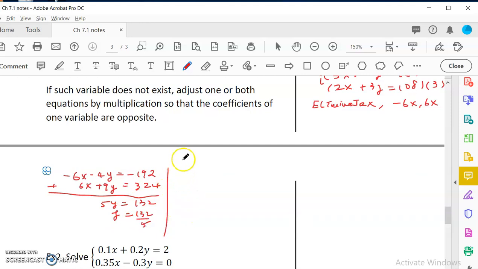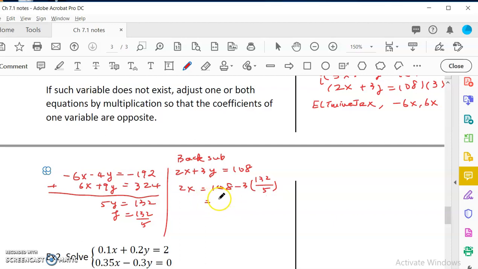What about my x? I back substitute into 2x plus 3y equal to 108. I know y already, so 2x is equal to 108 minus 3 times y, which is 132 over 5.